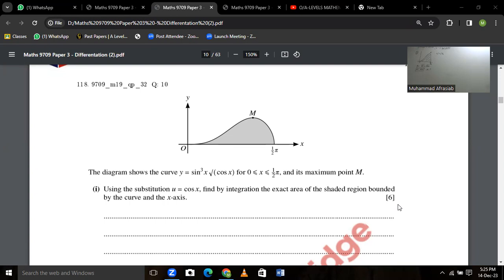Using the substitution u is equal to cos of x, find the integration to find the exact area of the shaded region between the curve and the y-axis there.